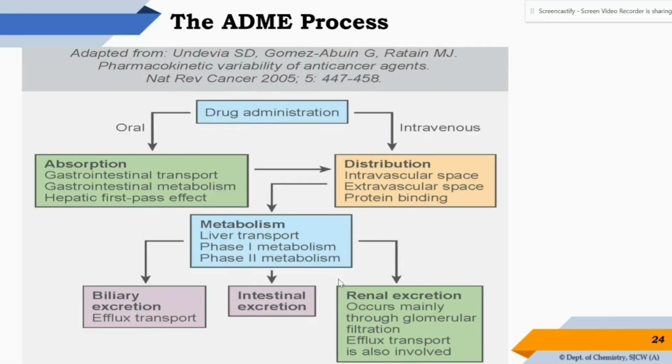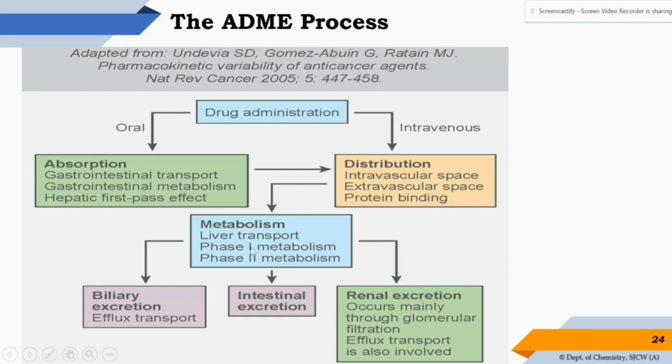We can see the ADME process here. For drug administration through the oral route, it will have to pass the stage of absorption. If it is intravenous, it is directly distribution only. So if intravenous drug administration is there, it need not pass the phase of absorption. Through absorption in the gastrointestinal tract, then it will go for distribution, and then to metabolism in the liver.